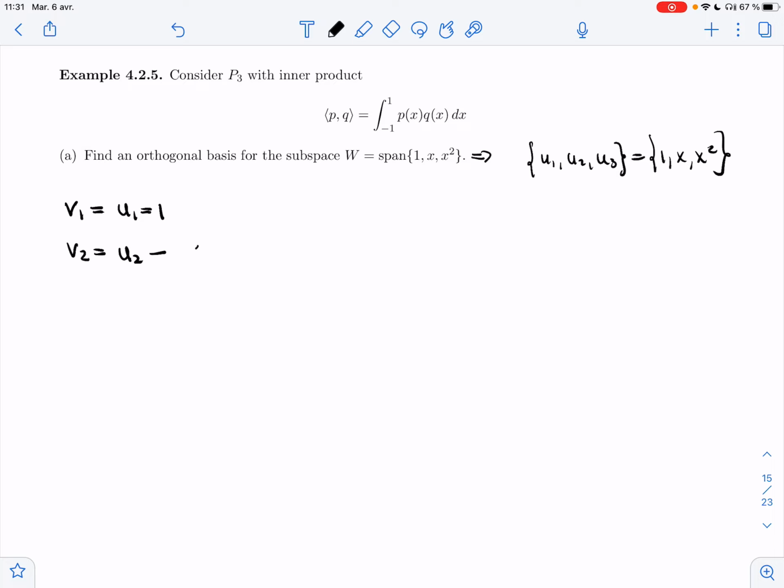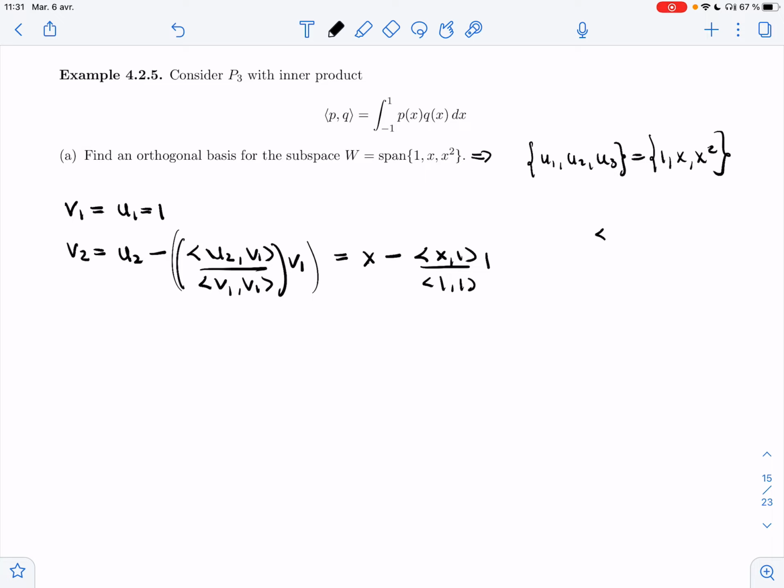So that's going to be the inner product of U2 with V1, over V1 with V1, times V1. And so I'm going to get x minus the inner product of x and 1, over 1 and 1, times 1.